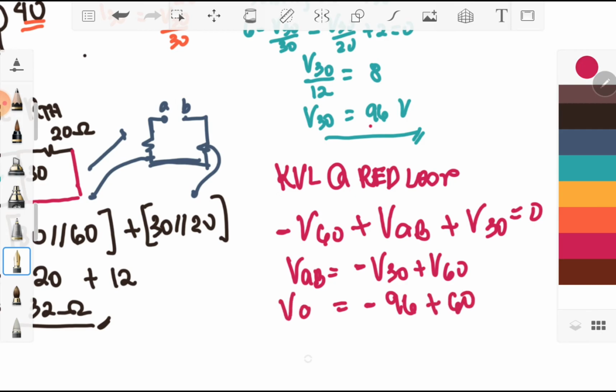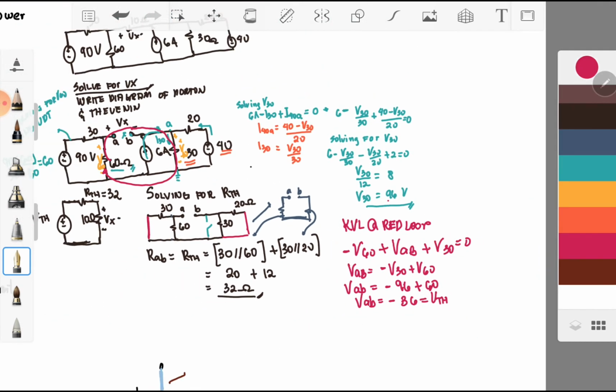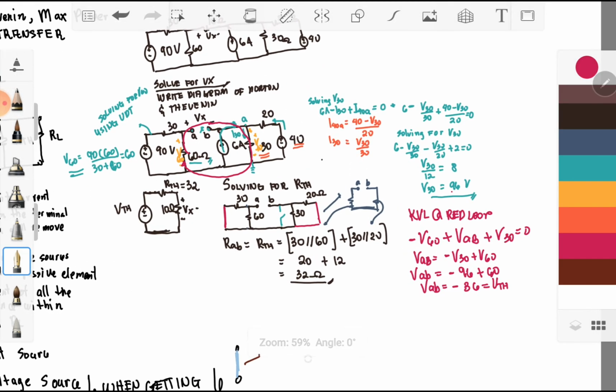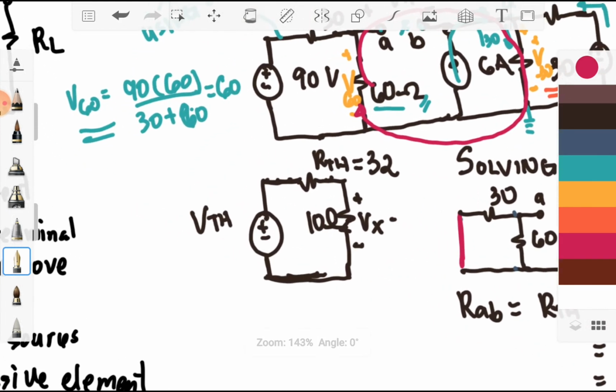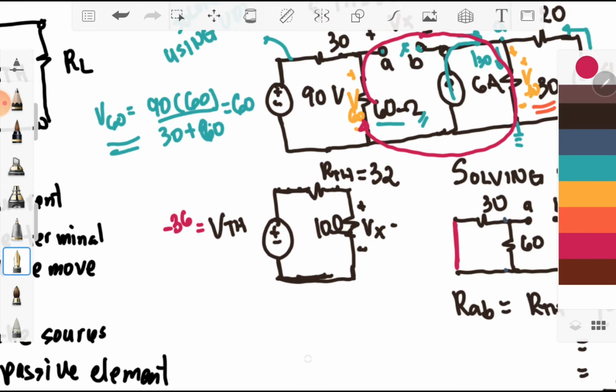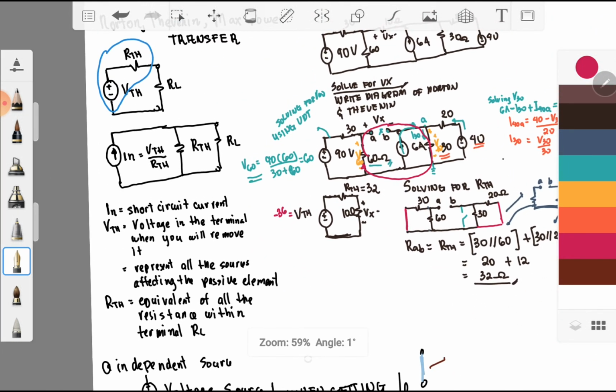So we have negative 36 VAB, which is equal to our VTH. Okay. So we will have a value of your VTH. Your VTH is equal to negative 36.